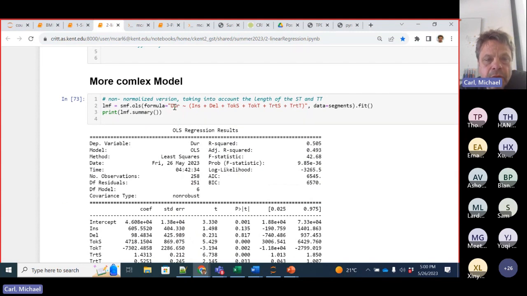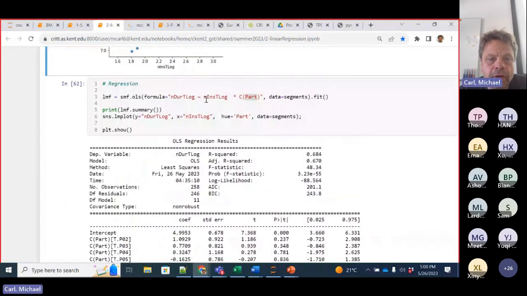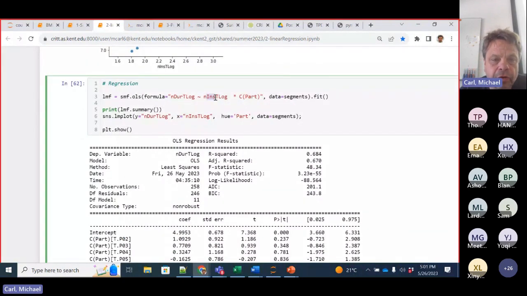Here, what we did was take the normalized version, right? Remember, we predict the duration for a segment. And the segment has different lengths, a different number of words and so on. That's why we normalized this by the number of target words in the target sentence.